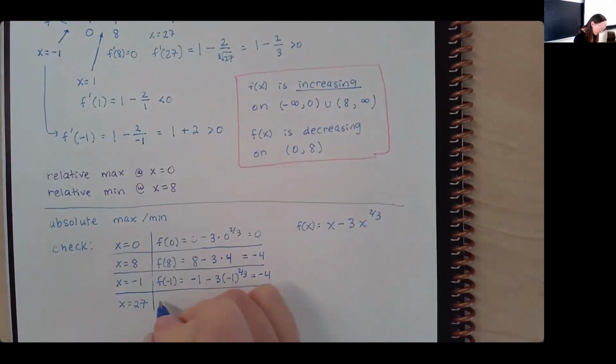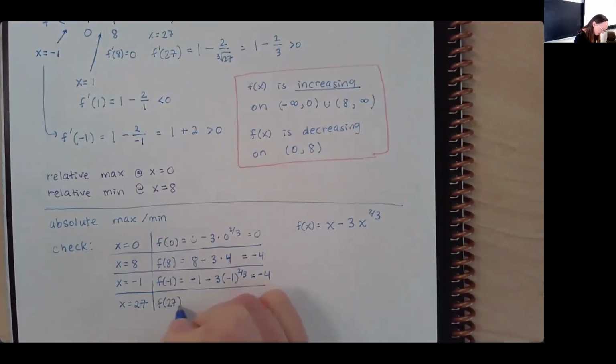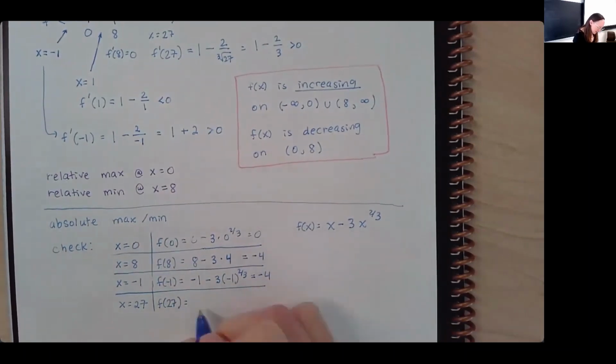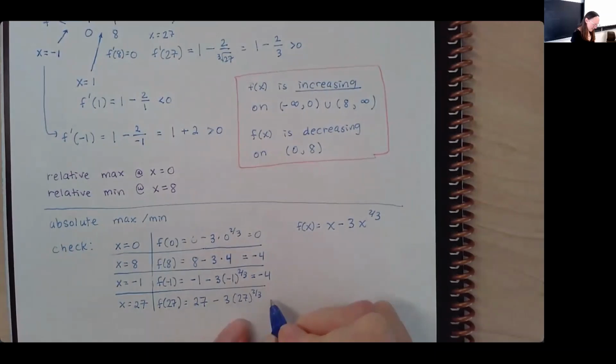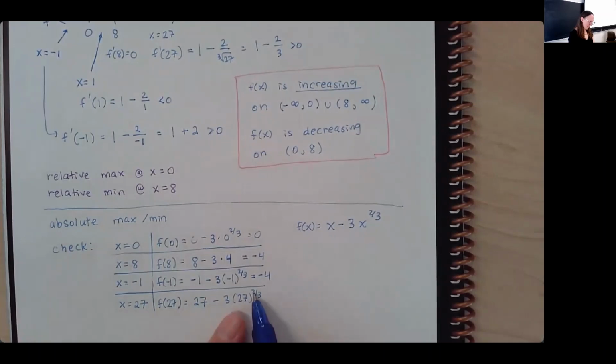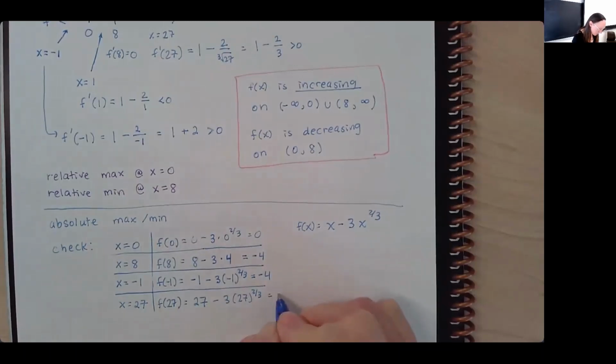And when we plug in 27, f of 27, it's 27 minus 3 times 27 to the 2/3. The cube root of 27 is 3. When I square it, I get 9. When I multiply that by 3, I'm back to 27. 27 minus 27 is, in fact, 0.